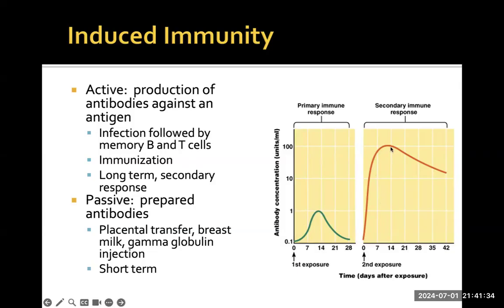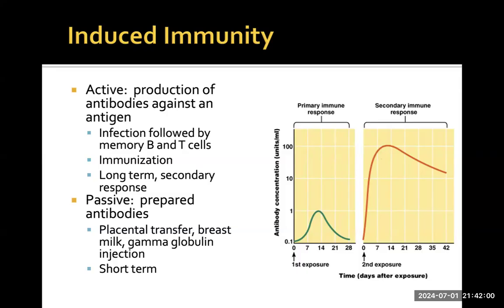When you're looking at the units, because it has a longer graph, it takes the same time to get to the peak. So here you're about a 10-ish. Here you're about a 10-ish. So you're less than one here, and you're over 100 here. That's a crazy big difference. So basically what we're saying is that your memory cells are going to help produce a stronger and faster response. And then the last part here is passive.